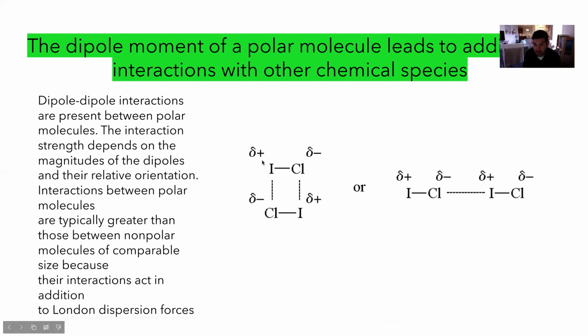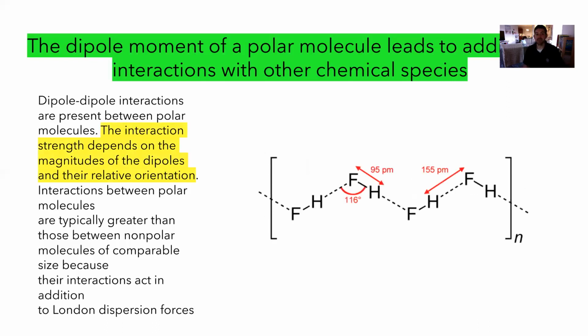And the way they will line up, the partial positive charge of one molecule will have an attraction, and we're always going to use dashed lines to represent the attractions, with the negative partial side of another polar molecule. Two ways they can line up, so their orientations will matter, but the important part is that the negative partial charge of one molecule will always be attracted to the positive partial charge of another polar molecule.